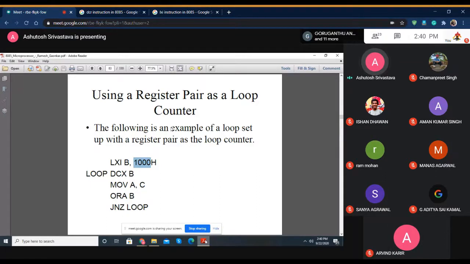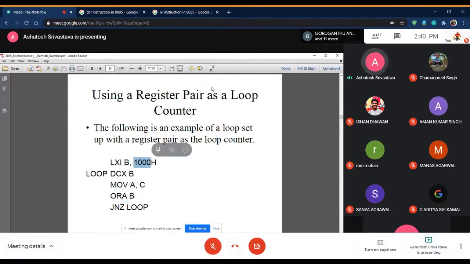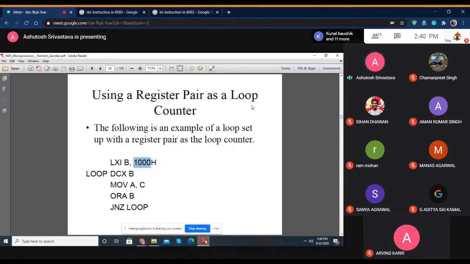Can you now tell me, after first execution, second execution, what would be the result, say after 5 executions? All of you. How many times will this loop be executed? So 9 times, 10 times. Only 10 times.